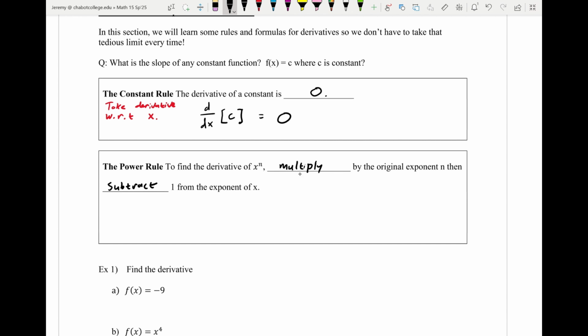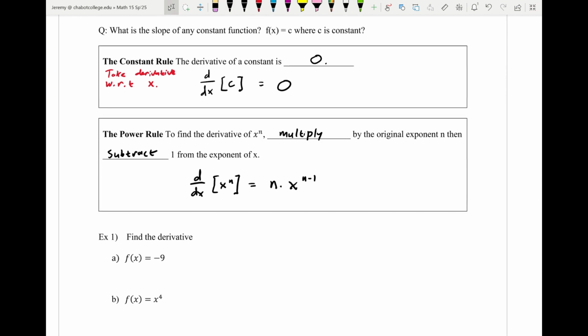Okay, so that means, writing this out, the derivative with respect to x of x to the n is just going to be equal to n times x to the n minus 1. So that's what we mean when we say multiply by the original exponent n and then subtract 1 from the exponent on x.